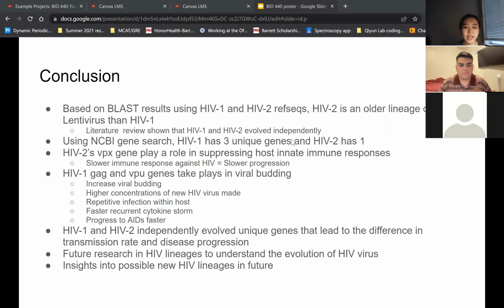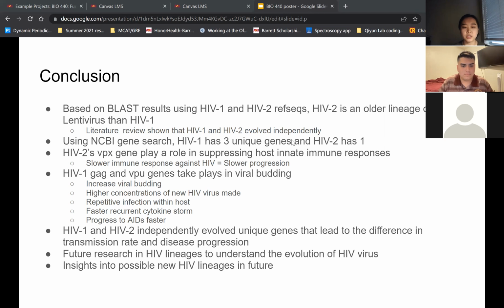Well, for the HIV1 GAG and VPU genes, they play a part in the viral budding process, and because of the increased viral budding, we suspect that this leads to a higher concentration of new HIV virus made and also exported out of the infected cells.